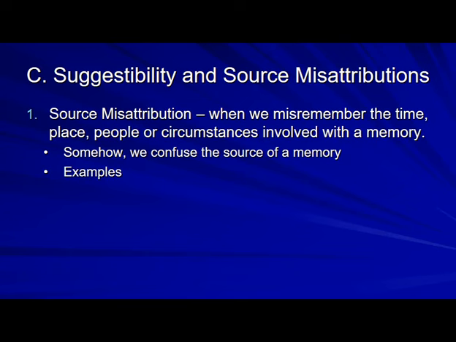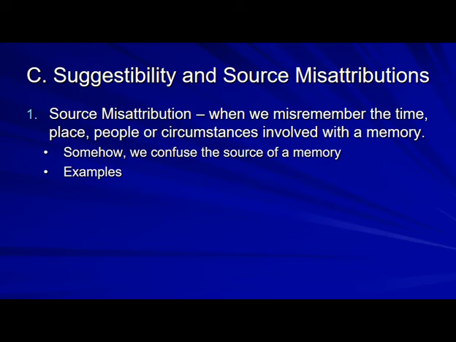The next area I want to talk about with memory failures has a lot more practical application in terms of how our memories can go awry. We can actually misattribute the source of a memory later on. A source misattribution is when we misremember the time, place, people, or circumstances involved with the memory.